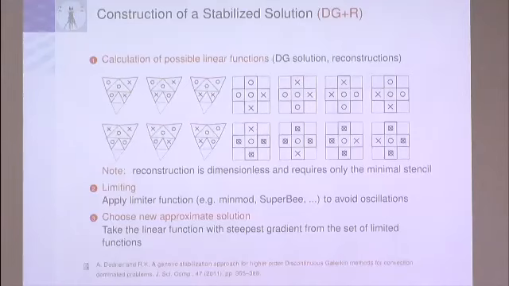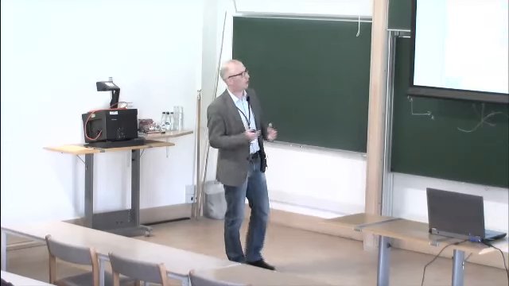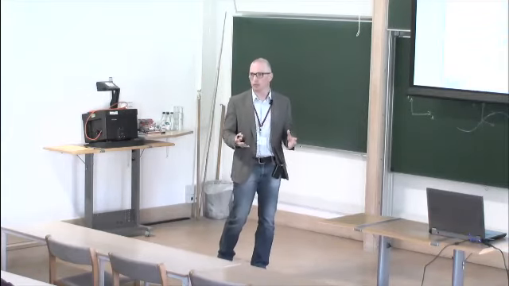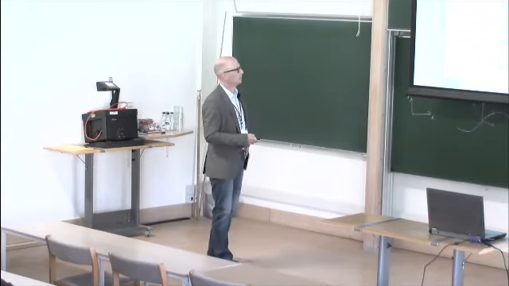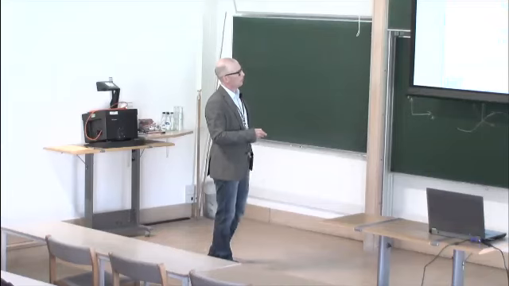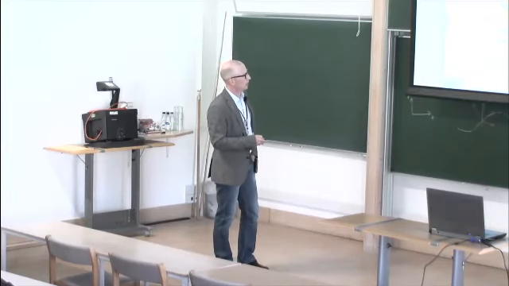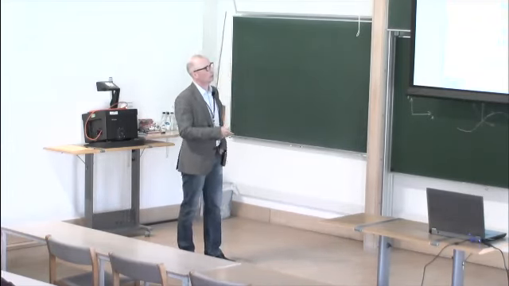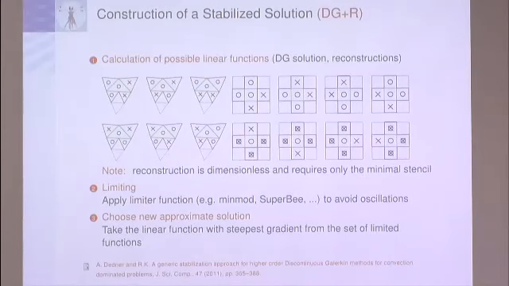So you have a set of linear functions that you could use, you limit, which basically throws out some linear functions, and then from the set of functions that's left, you take the one with the steepest gradient. And there's a publication together with Andreas Dedner in the Journal of Scientific Computing published last year where everything I just said is described.